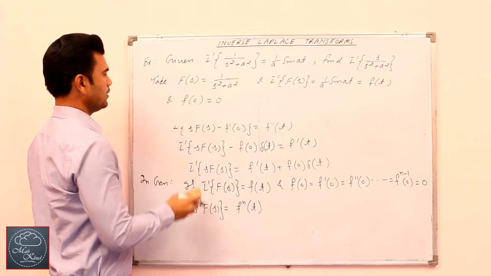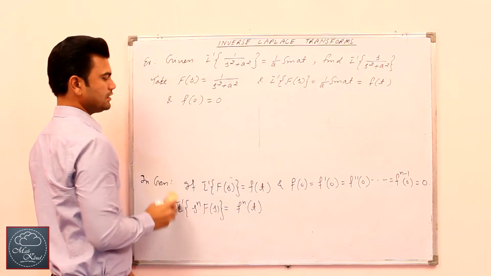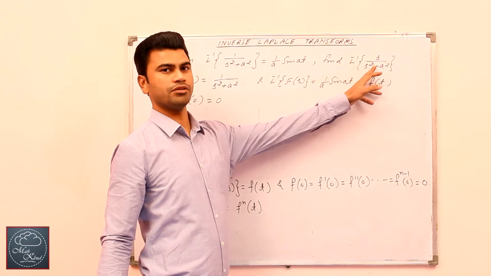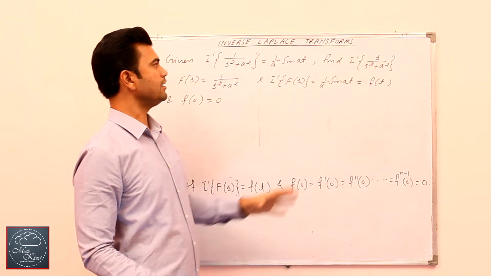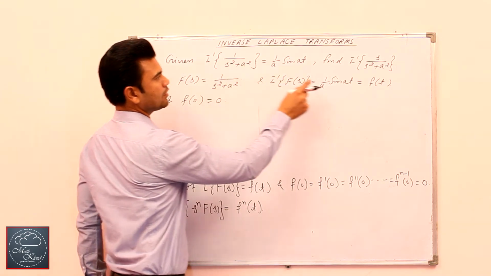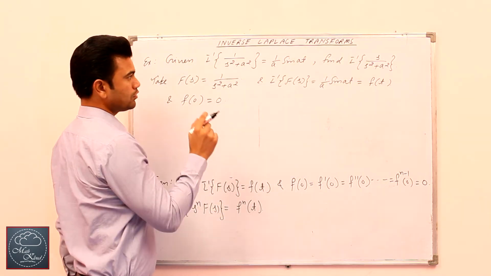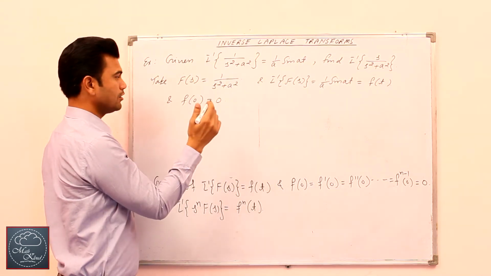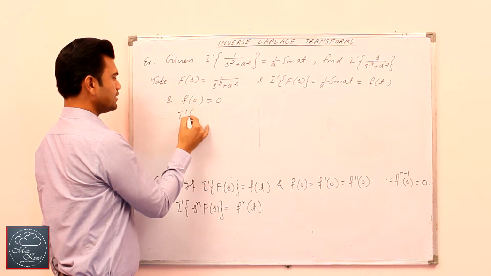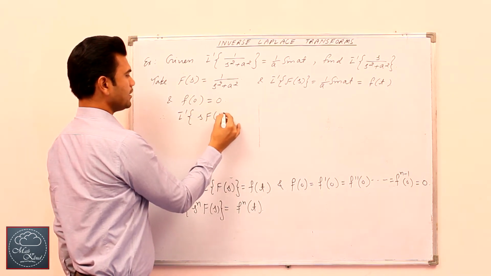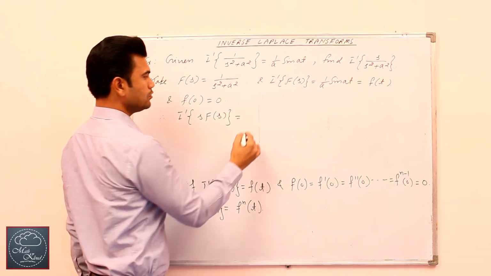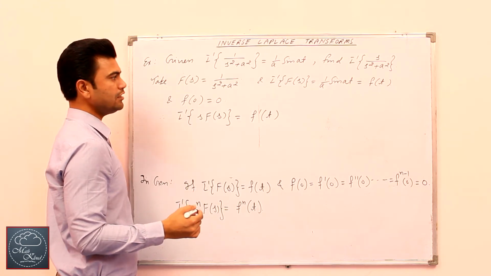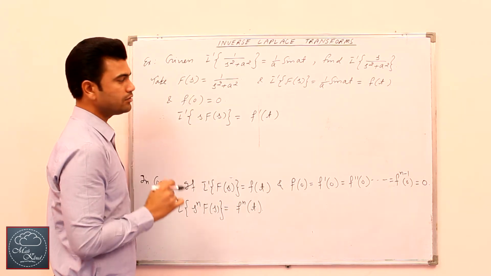So if you use this result to find the inverse of s over s square plus a square, clearly we are multiplying this function with s here. So to get this function we have to multiply your f(s) with s. Therefore the inverse Laplace transform of s f(s) is equal to f dash t, that is d by dt of f(t), because f of 0 is 0 in this case.